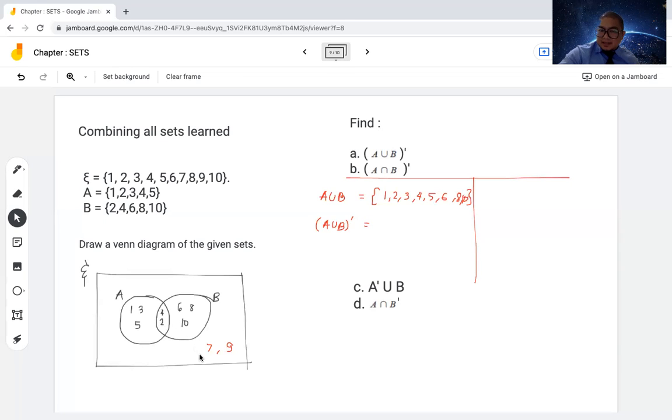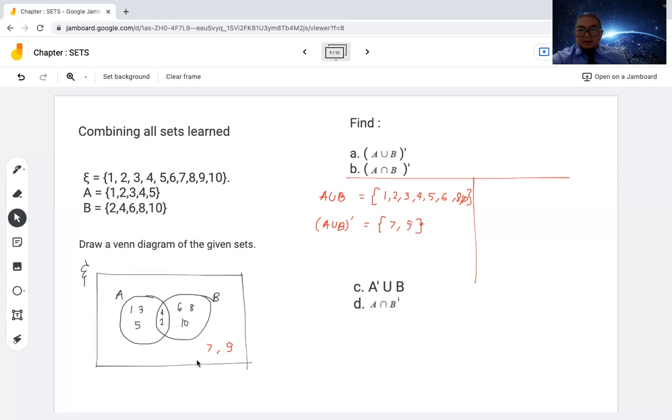And you can see that the elements are these particular values. So A union B prime are the ones whose elements are 7 and 9.